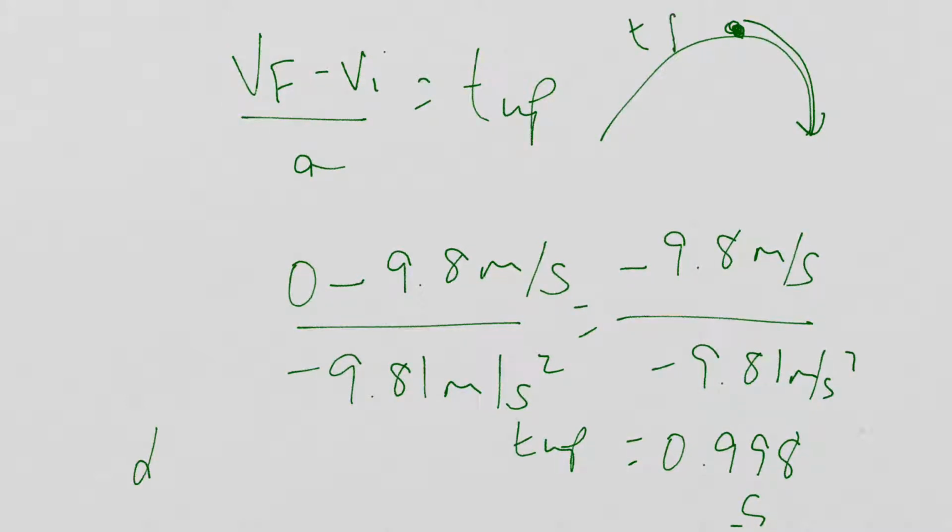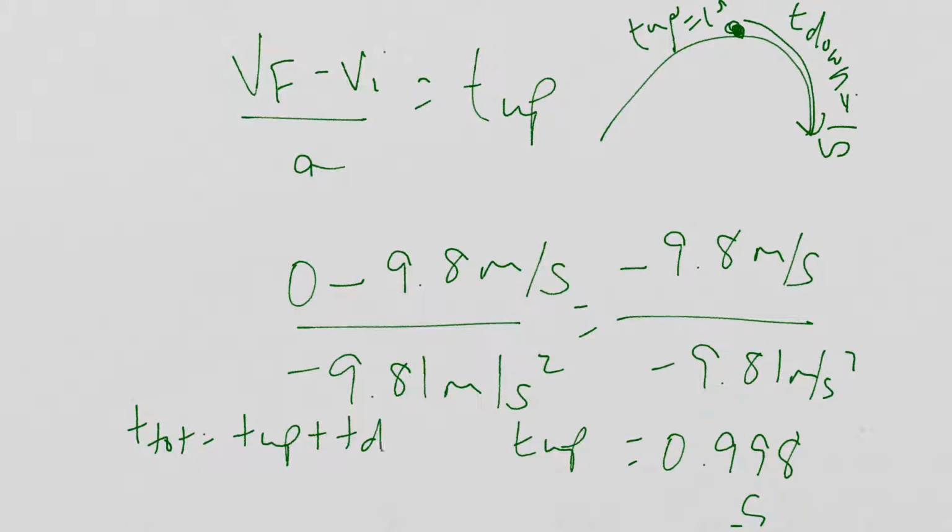So T up equals 1 second. T down equals 1 second. And then the total time, we just add them together. And that's equal to 2 seconds. Alright?